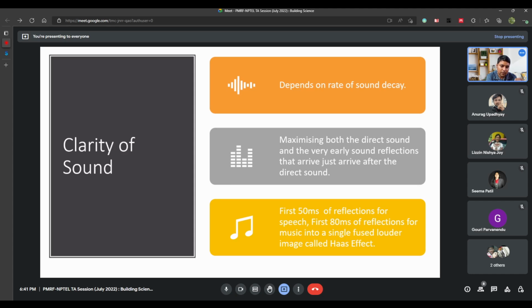For a space used for speech purposes, we have a sound clarity index of 50 milliseconds. And if you consider a space where music is the main purpose, the sound clarity index is around 80 milliseconds. And this whole concept is called the Haas effect.